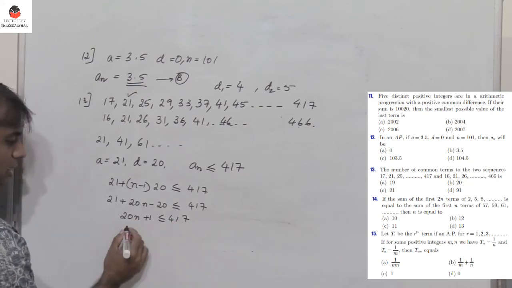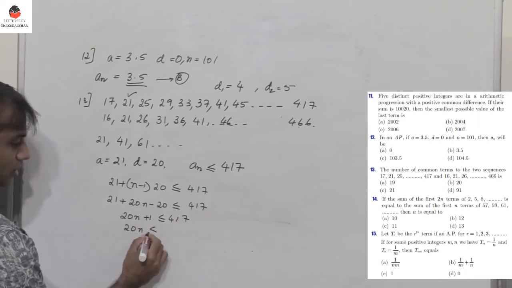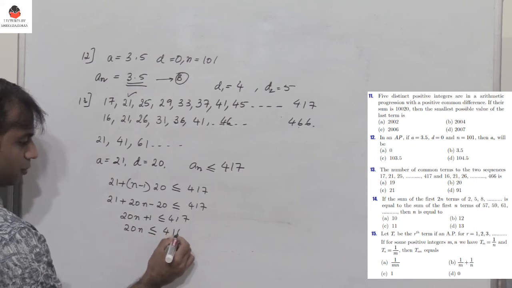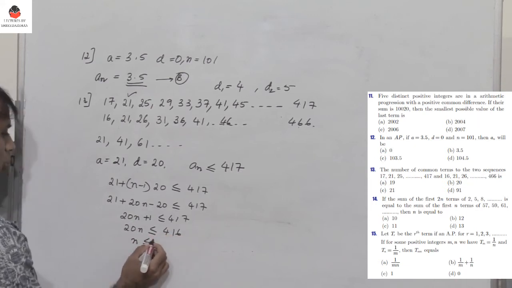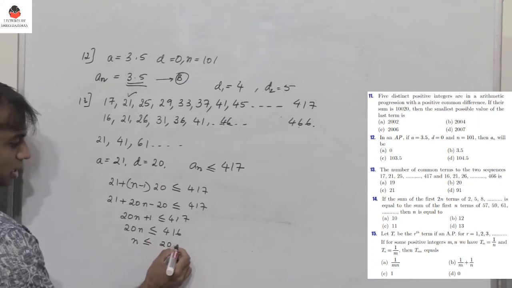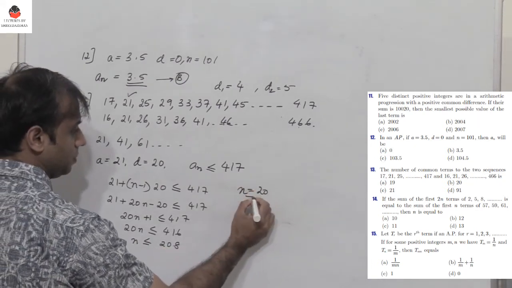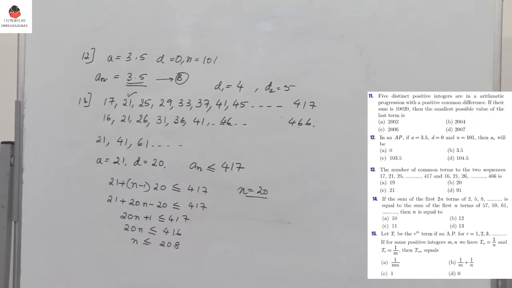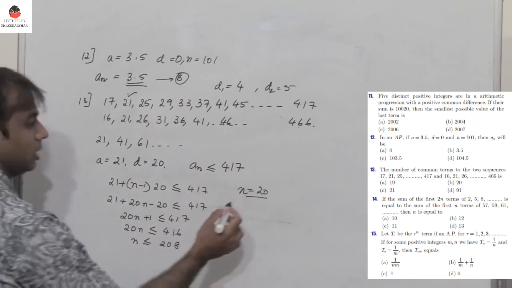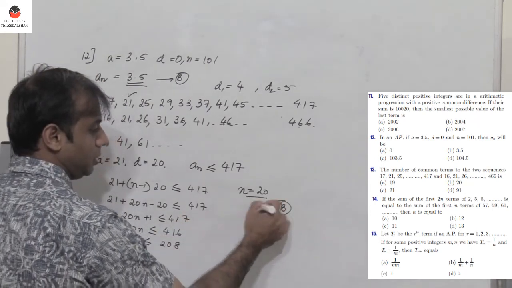So take 1 to this side. So it is 20N must be less than or equal to 416. So N must be less than or equal to, you get 20.8. So therefore N is equal to 20. Right? Because N has to be an integer. So therefore the value of N is 20, and this corresponds to option B.